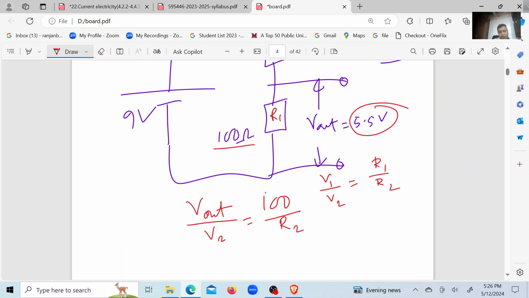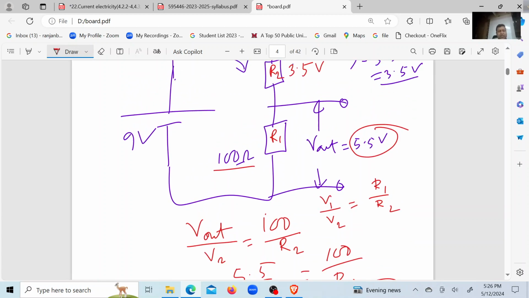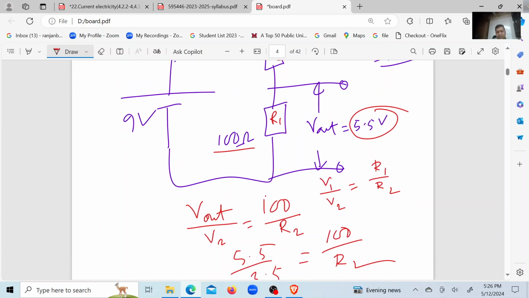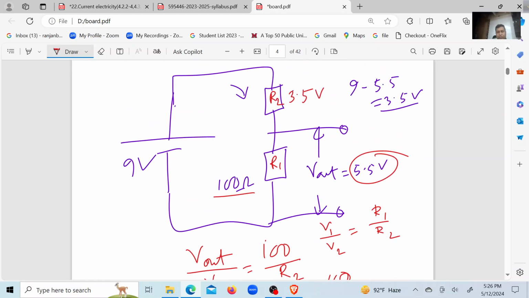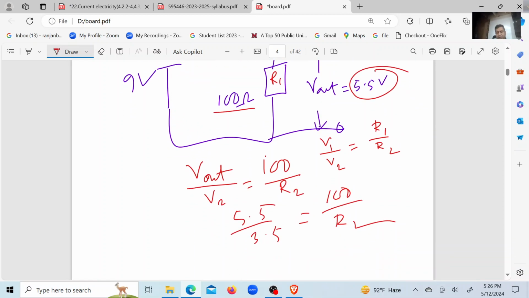Or 5.5 by 3.5 will be 100 by R2. So easily you can solve it. This is the way to solve potential divider problems.